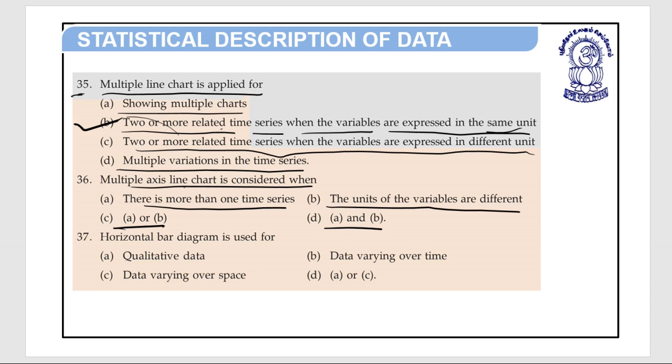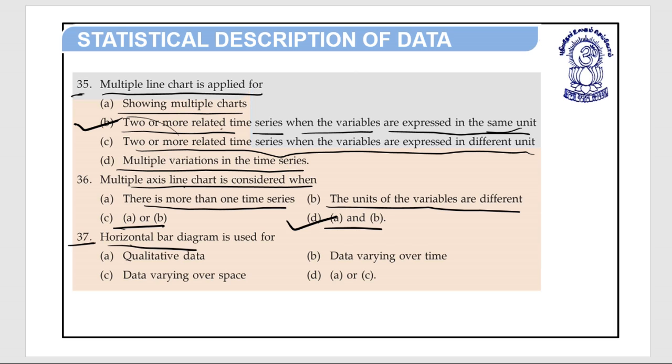A or B, or A and B. So option D, multiple axis line chart is considered when there is more than one time series, the units of variables are different. C, A or B, or D, A and B. So option D, A and B.